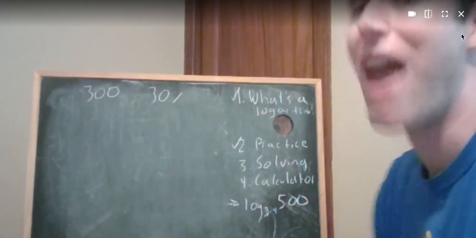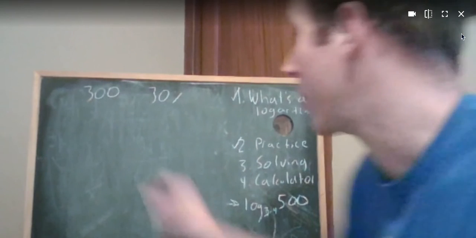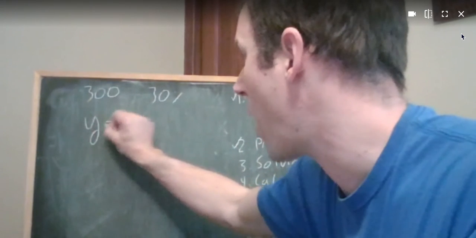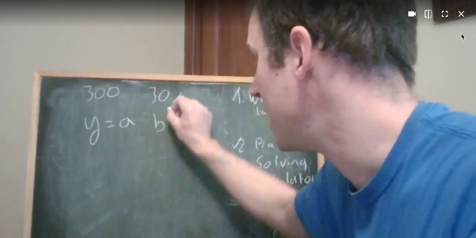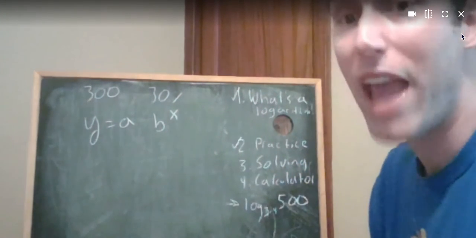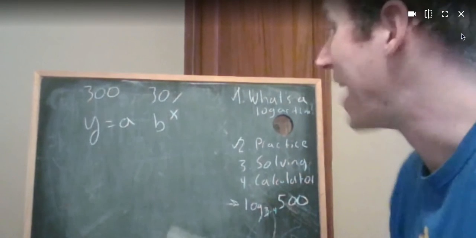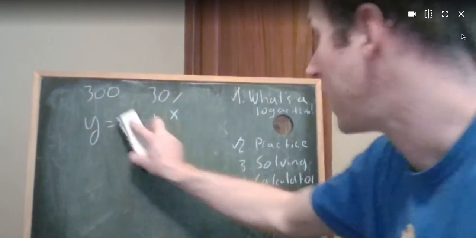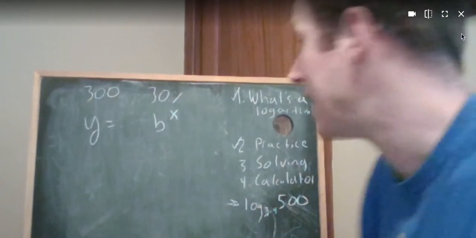First, let me write that as an exponential equation. Remember, an exponential equation is of the form y equals a times b to the x. The a is the y-intercept. It's what you get when x is 0. And in this case, that's 300 at day 0.